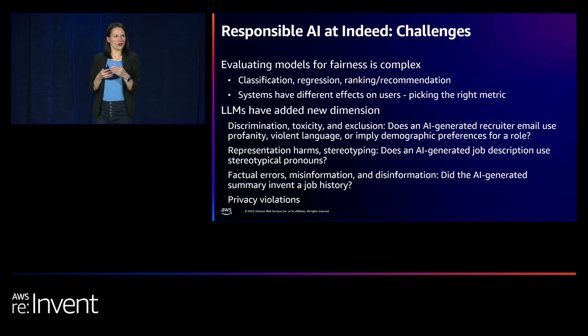So you also wouldn't want that recruiter-generated email to express a preference for, say, young, energetic candidates. It's not great, right? There's some age bias there. What if you're automatically generating a job description? We would not want, let's say, a job description for a nurse to automatically put a bunch of female pronouns in there. That's a representation harm.